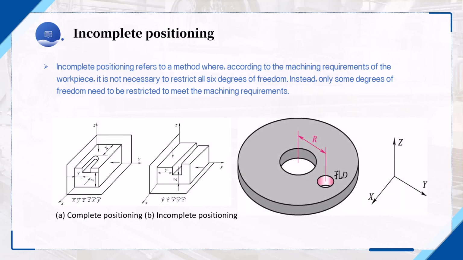Theoretically, a rigid body in space has 6 degrees of freedom: translational degrees of freedom along the X, Y, and Z axes, T_X, T_Y, T_Z, and the rotational degrees of freedom around the X, Y, and Z axes, R_X, R_Y, R_Z. However, in many cases, it is not necessary to restrict all 6 degrees of freedom for the machining of a workpiece.